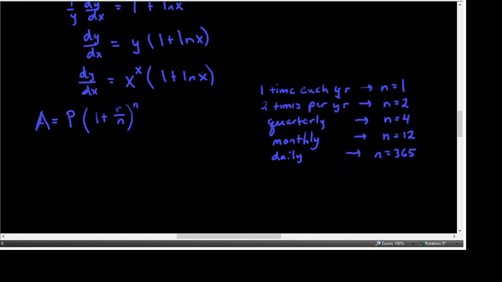So if I had, for example, $1,000 that I put into an account, and I was interested in knowing what would happen if this is at an 8% interest, which is actually really good, I would do that. If it's compounded n times a year, let's just make a table of values.